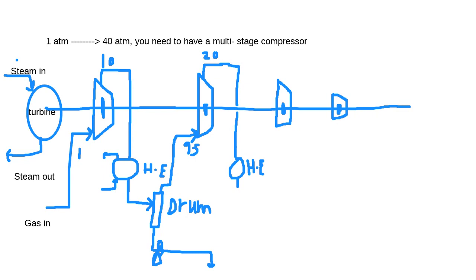So again you cool it down, and then if some of the gases condense, you have another drum that is now smaller than the first drum. The first drum is the largest. Why? Because the gas pressure is low. The lower the gas pressure, usually the higher the volume.